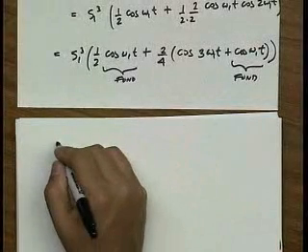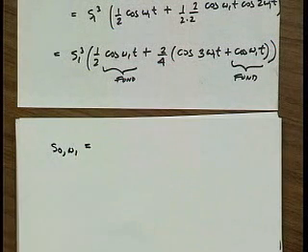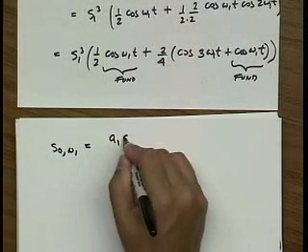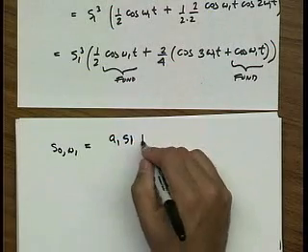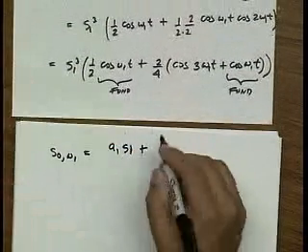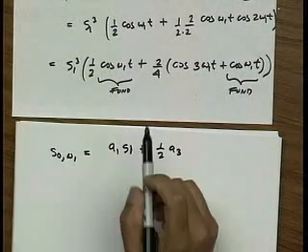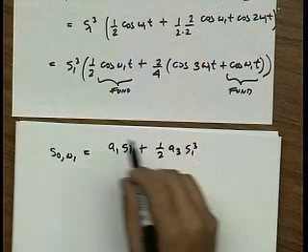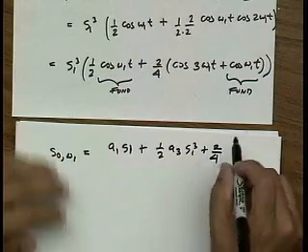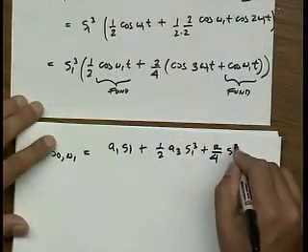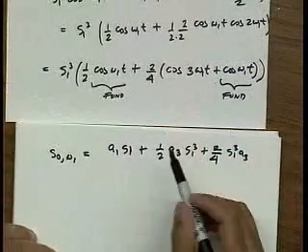I could say that my output signal at frequency omega 1 is equal to A1 times the input amplitude, which we're calling S1. And now I have two more amplitudes here. I have 1/2 A3 S1 cubed plus 2/4 S1 cubed A3, which is the second term here.